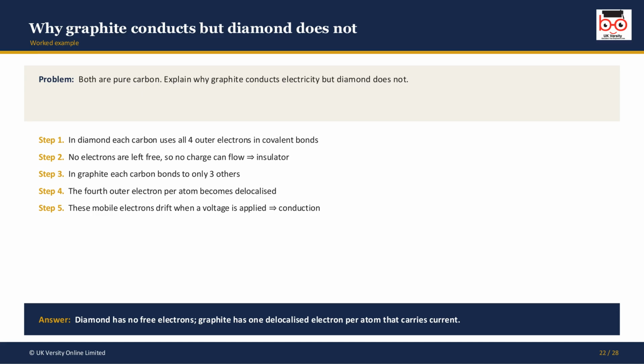In graphite, each carbon bonds to only 3 others, which leaves the 4th outer electron per atom delocalized. Those mobile electrons drift when a voltage is applied, and that flow is conduction. So it comes down to this. Diamond has no free electrons. Graphite has 1 delocalized electron per atom to carry the current.